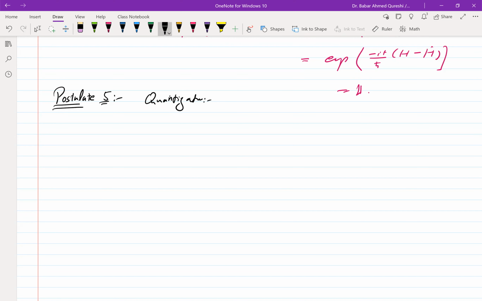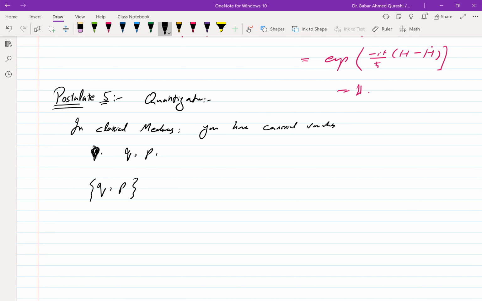So the right way is the following. In classical mechanics, since we haven't studied classical mechanics, that's why I'm not doing it over here, you have canonical variables Q and P. Or you can take any variables, any functions of these variables as well.